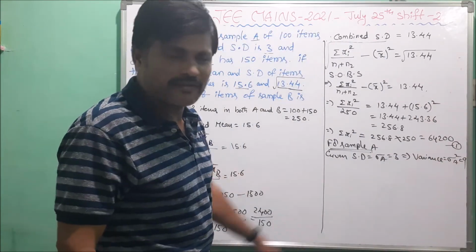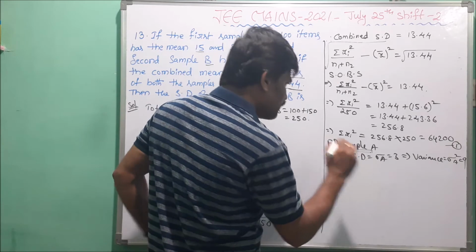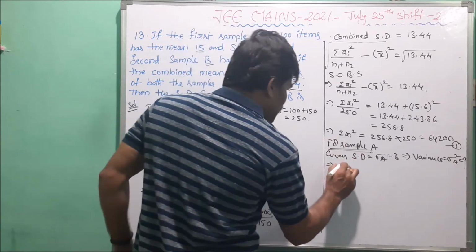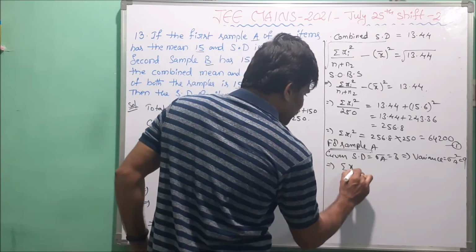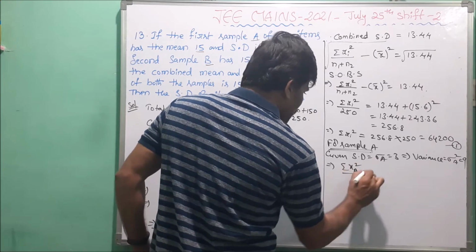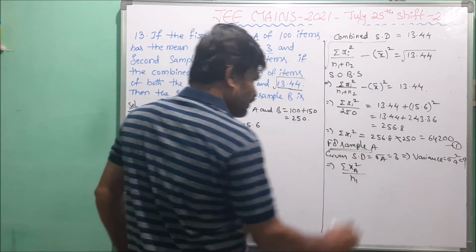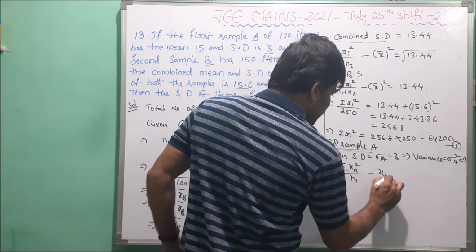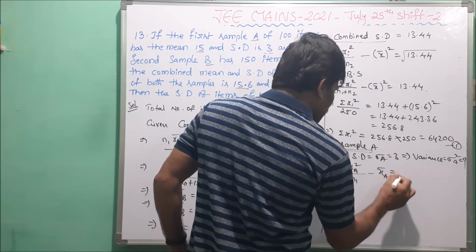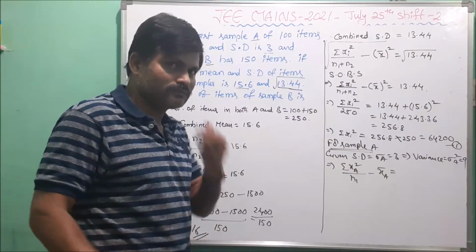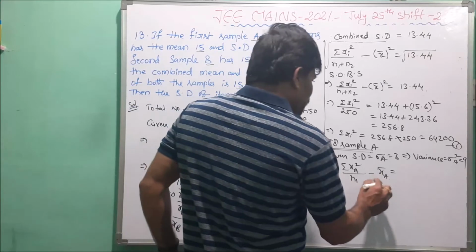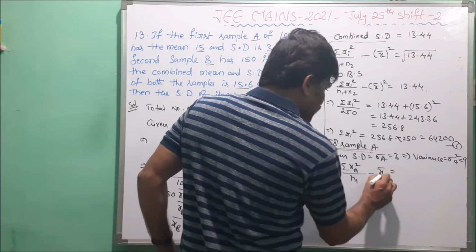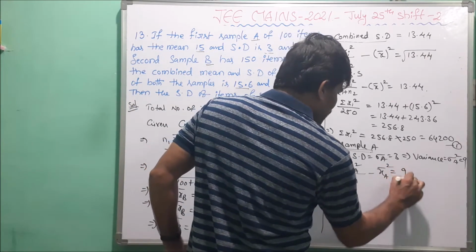Now we take the formula summation xa square by n1 minus xa bar square equals 9. Here n1, the number of items, is 100, and the mean of sample A is 15, so 15 square.